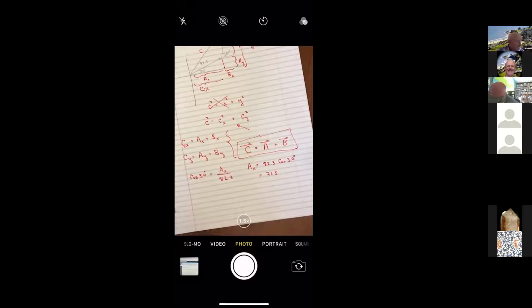Okay, so I see now. So just basically turn C into a large right triangle by solving AX and BX and AY and BY. Exactly. Good.